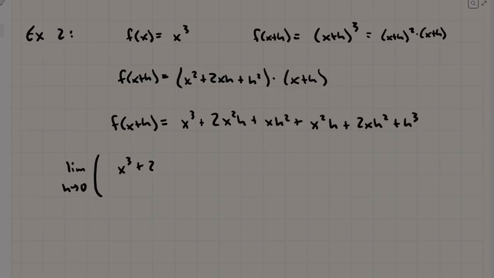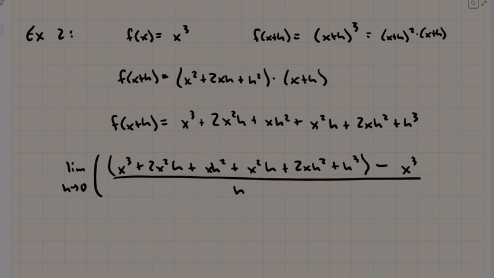So x cubed plus 2x squared h plus x h squared plus x squared h plus 2x h squared plus h cubed, that's our f of x plus h, now minus the f of x, x cubed, divided by h. Okay, let's see. Well, first of all, we got our x cubed minus our x cubed.